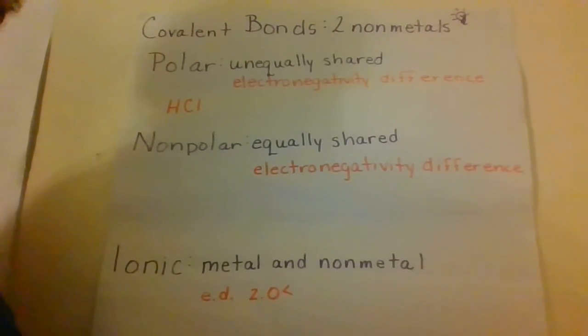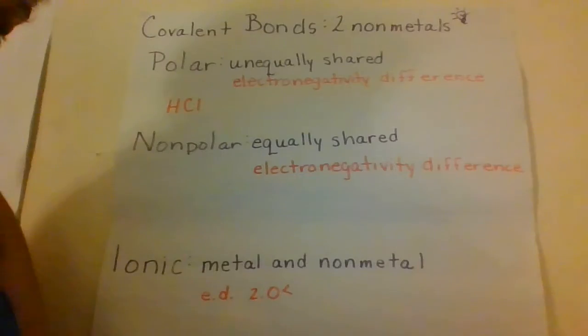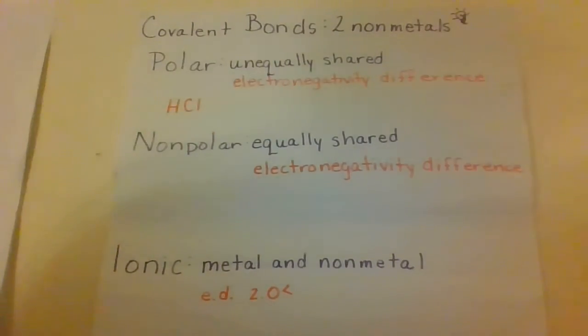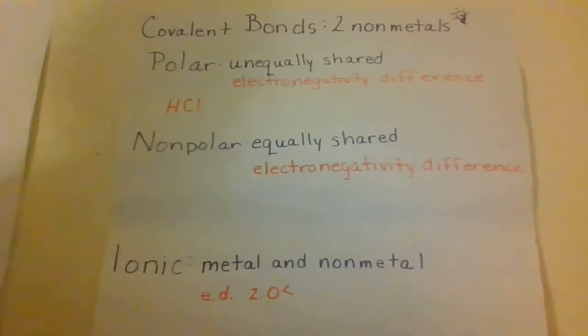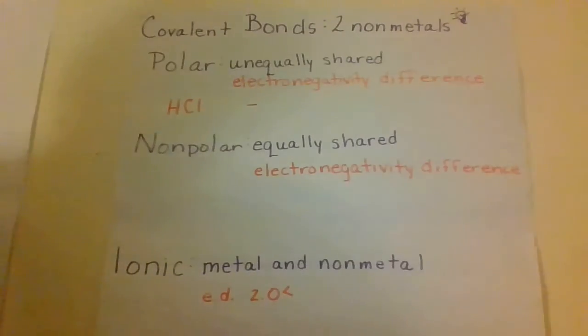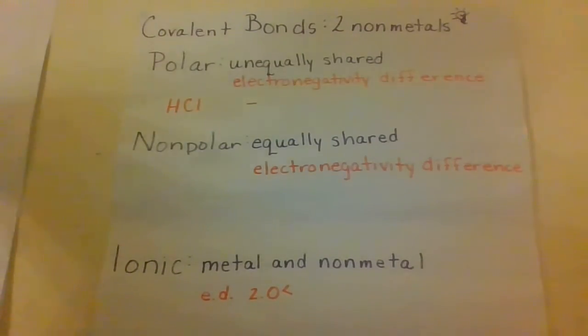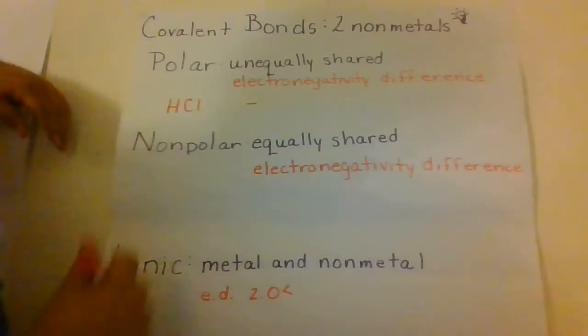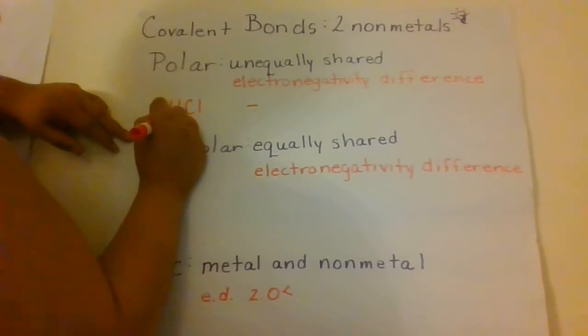So let's see, when we talk about difference in algebra, what mathematical operation do we have to perform to receive a difference? In order to receive a difference, it's going to be a subtraction operation. So we're going to look at our chart, and we see that hydrogen has an electronegativity of 2.1.